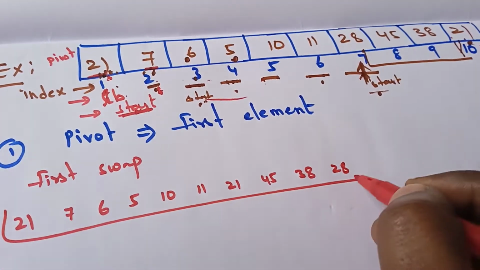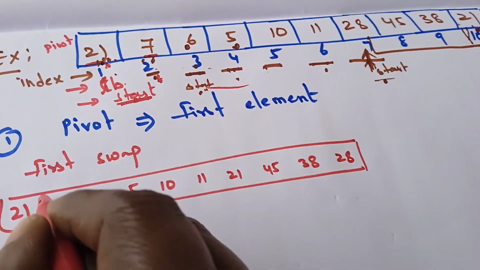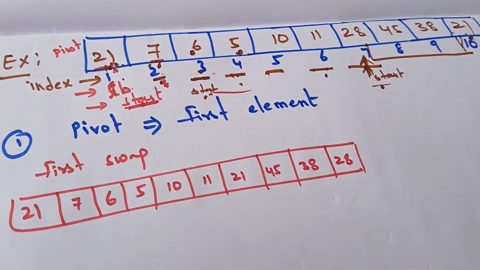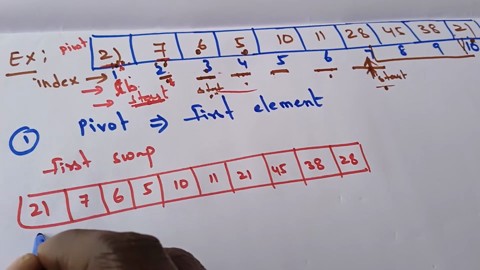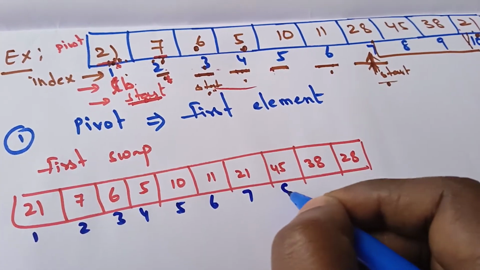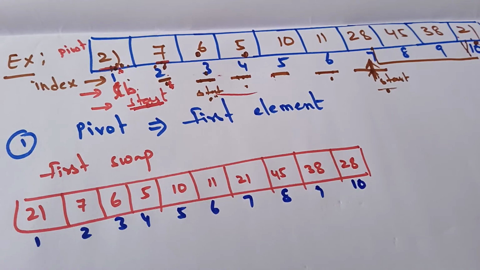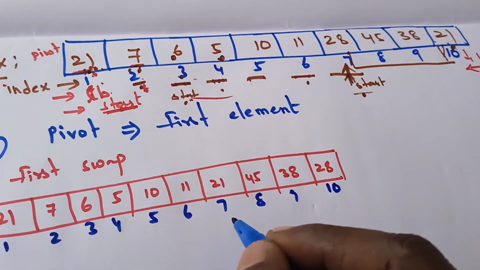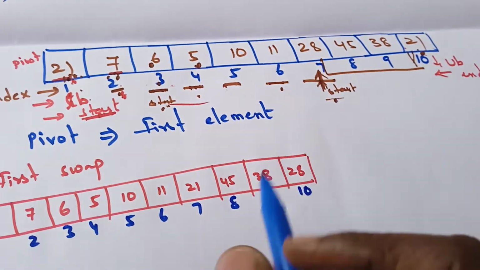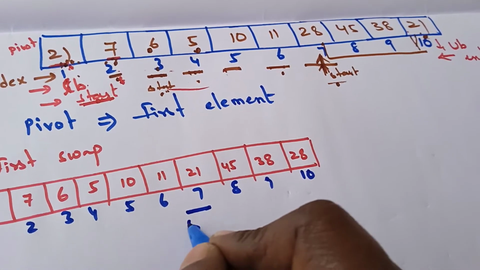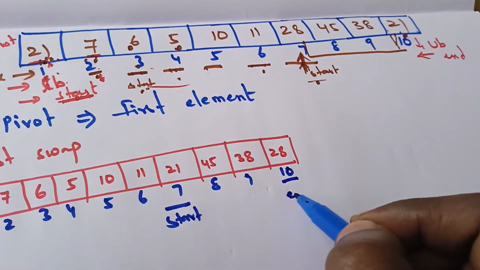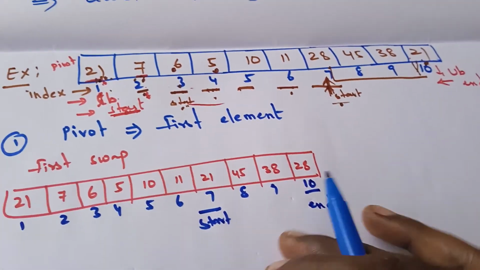Now these two elements will be swapped. Now indexes 1 2 3 4 5 6 7 8 9 10. Now where is your start pointer? The seventh index is your start pointer, and the end pointer is where? Here at the 10th place.